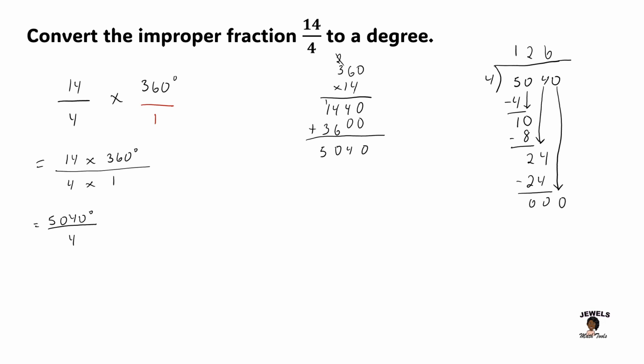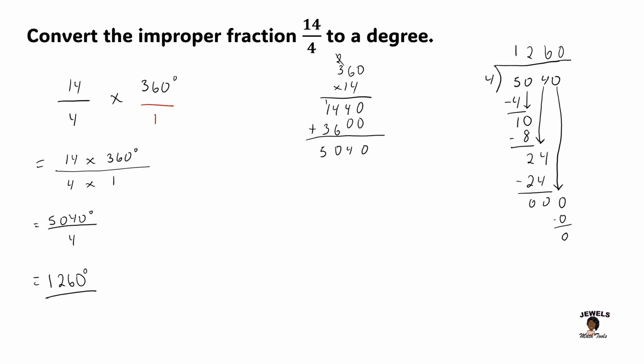So 4 divides into 0 0 times. 4 times 0 is 0, and 0 minus 0 is 0. 14 quarts, when converted into degrees, is 1,260 degrees.